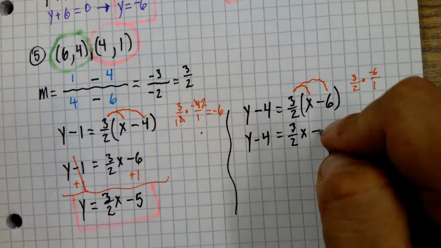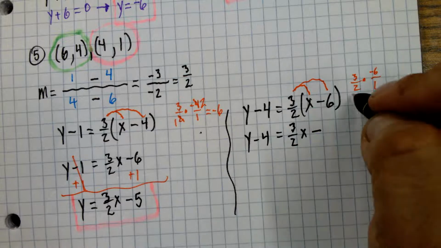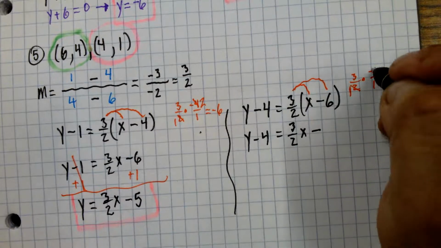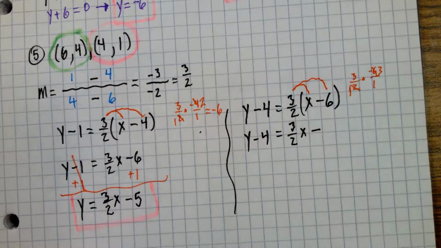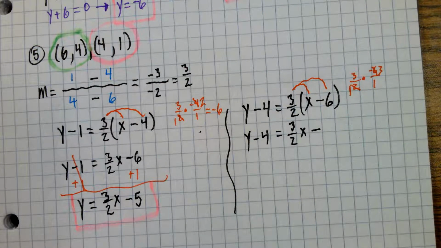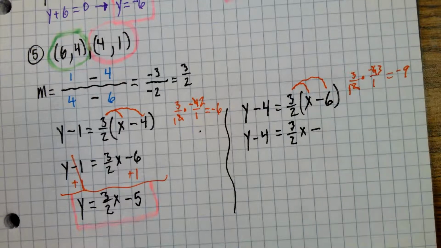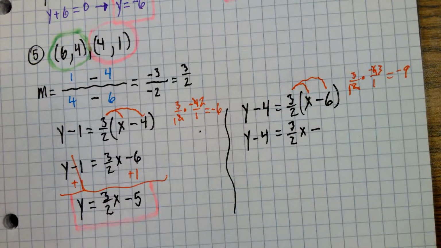And then it's going to be minus because it's a positive times a negative. But let's cross cancel because I already see we can do that. 1 there, 3 there. And we get 3 times -3. Our answer is -9. Okay, so let's put -9 here.